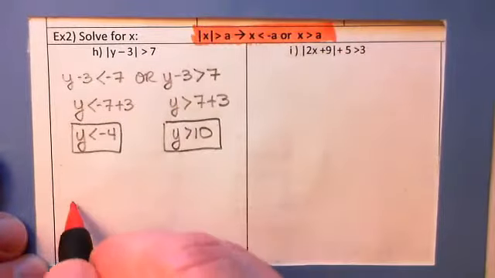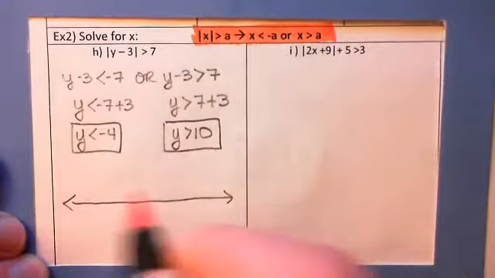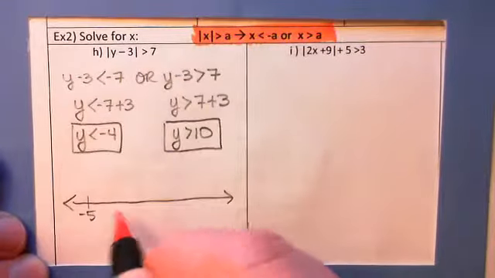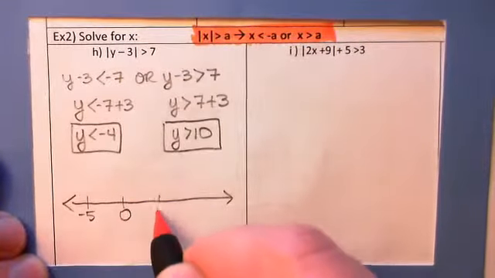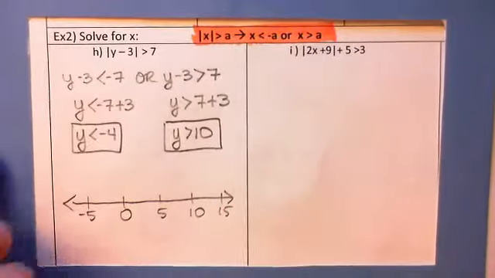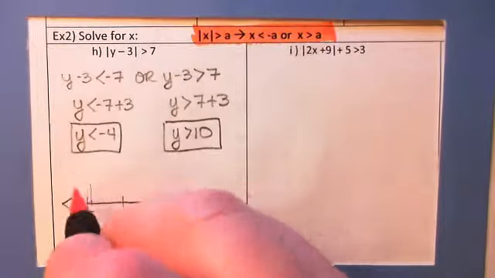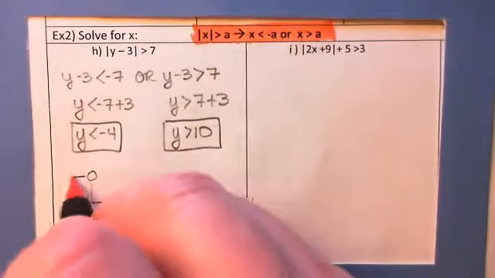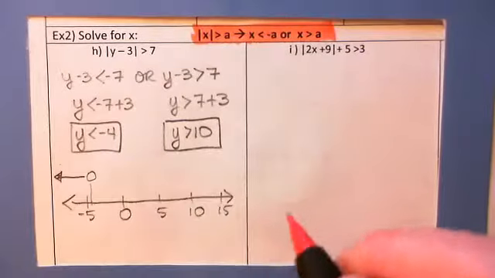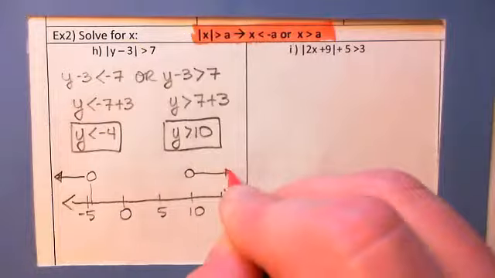So basically I'm going to do my number line, and let's say I start with negative 5, 0, 5, 10, 15. Negative 4 will be somewhere in here, so I'm going to make an empty circle going to the left, and the 10 will be over here going to the right.